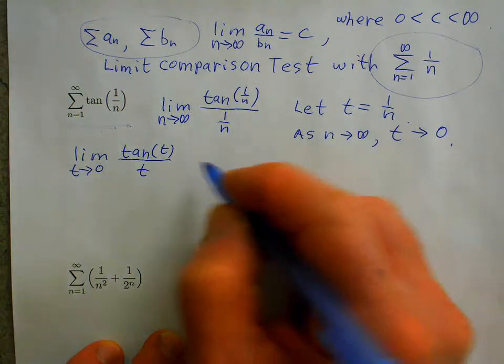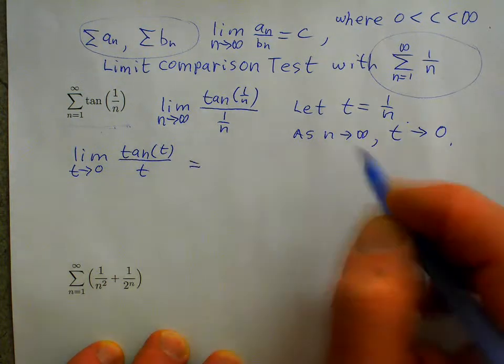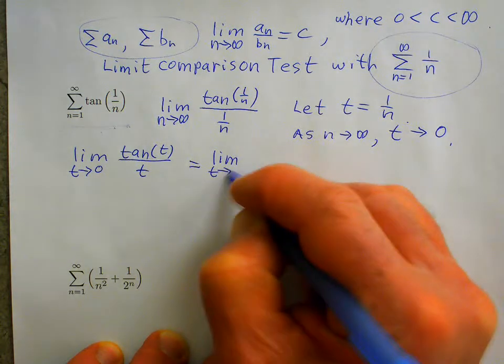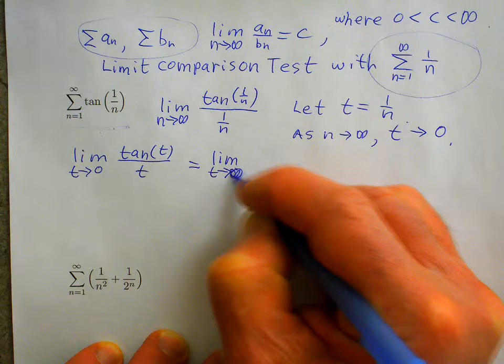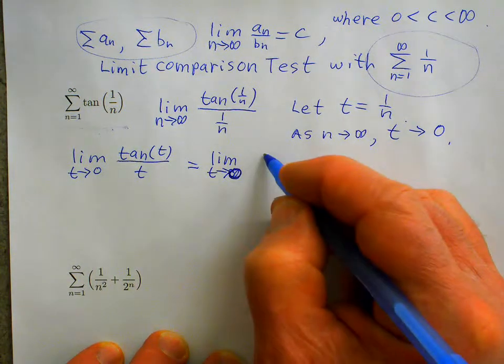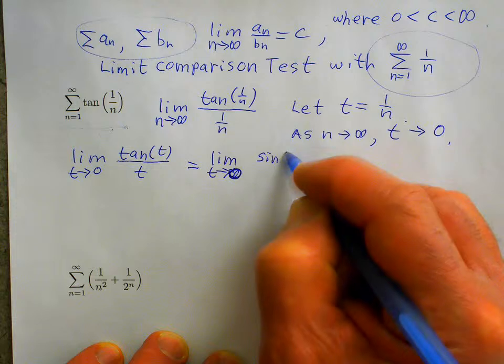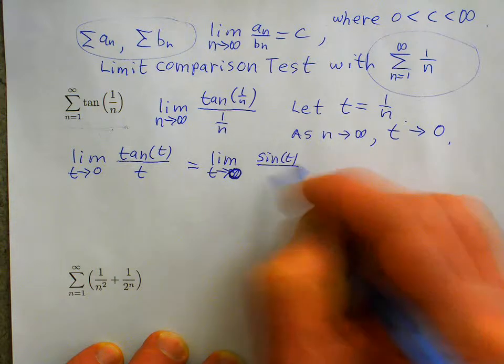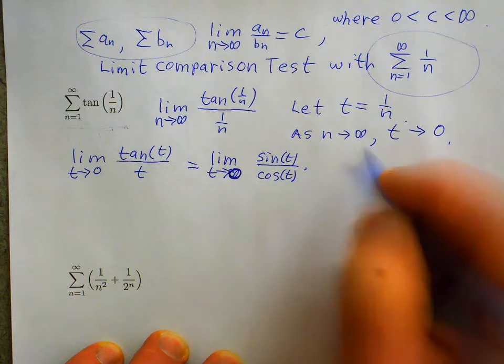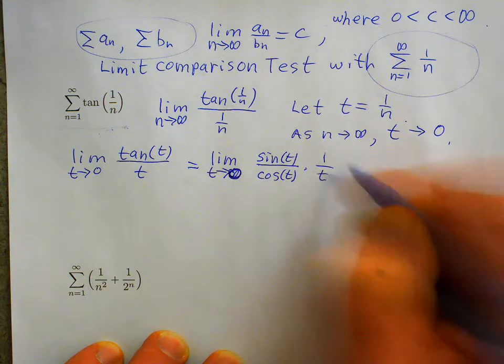Okay, then we'll do a couple of maneuvers. Whoops, t approaches 0, I mean. So tangent of t is sine of t divided by cosine of t, and then multiply that by 1 over t.